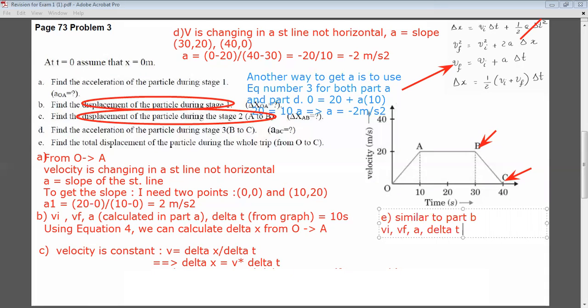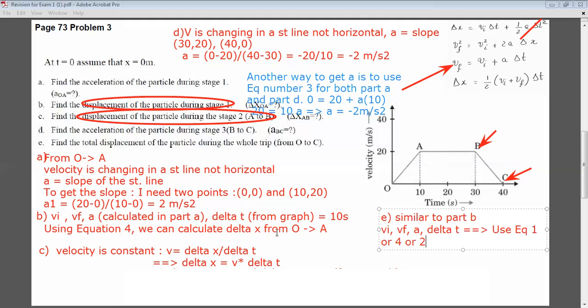I have delta T. So use any equation. For example, use the first equation, the initial velocity times delta T plus half A delta T squared. Use equation 1 or 4 or 2. Any one of them can solve this problem. So I will get the displacement, and then total displacement will just be the sum of all these displacements.